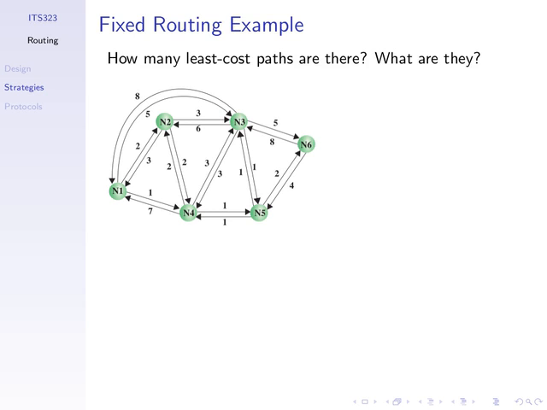If there was a path from N4 to N6 that was not this, and that was a lower cost, if there was a path from N4 to N6 that went through other nodes which had a cost lower than 3, a cost of 2 for example, then that means the path from N1 to N6 would contain that lower cost path.